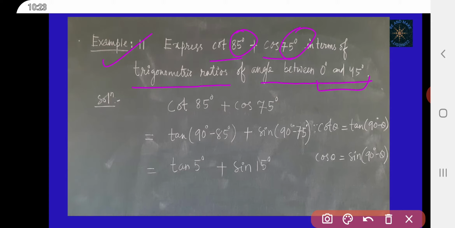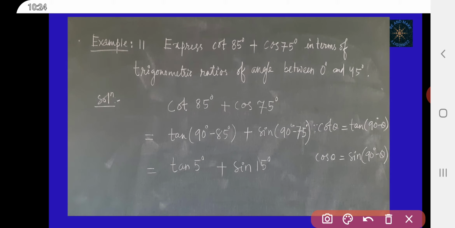But we have to write this expression in terms of other trigonometric ratios such that this angle and this angle should be changed, and that angle must be between 0 degree and 45 degree.